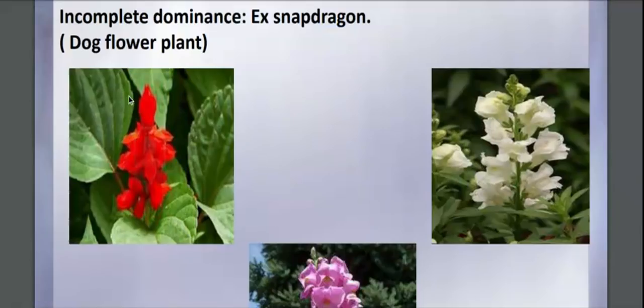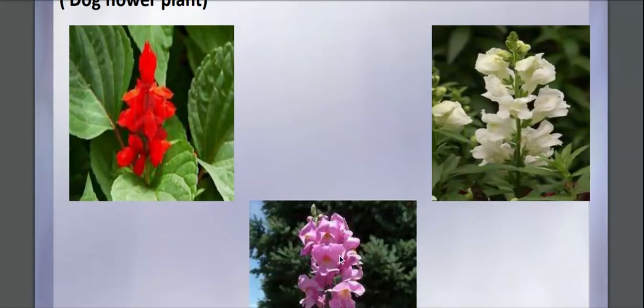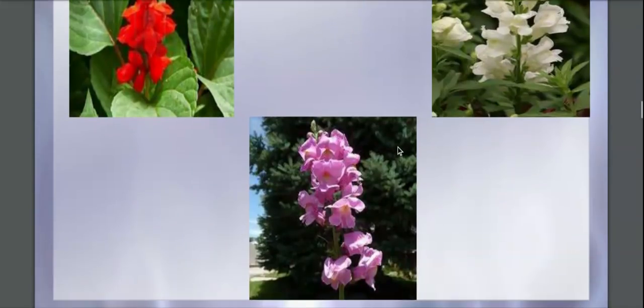Now in the pea plant, capital T crossed with small t gave you all capital T, small t, a heterozygous plant which resembled one parent. But in incomplete dominance, when you cross a dominant with a recessive parent, you get an intermediate expression. So the flower color here is pink, because red is not totally dominant over white.